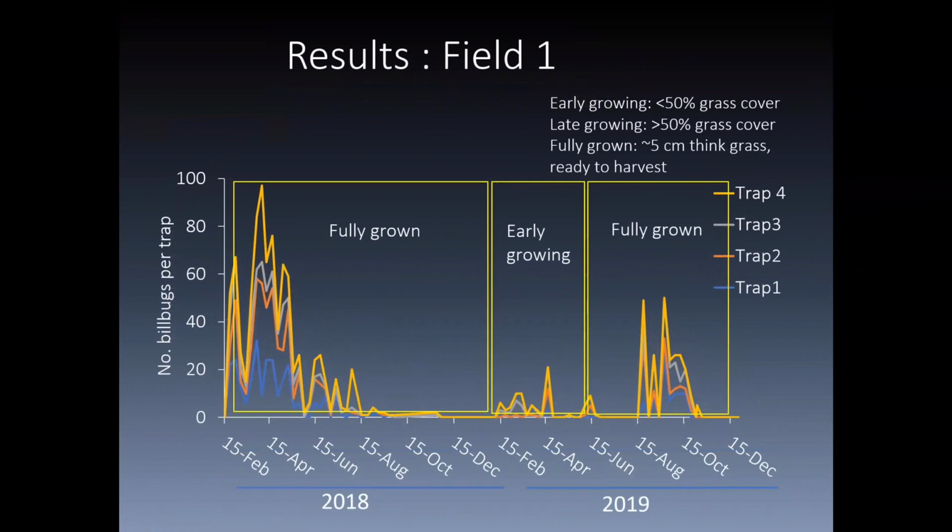So what I want to show you is the data by field, just to explain what's going on at the field level. If you look here, again the time and number of hunting billbugs, and I overlay the growth stages of the grass itself. We started all the experiments, all the sites, with fully grown grass.